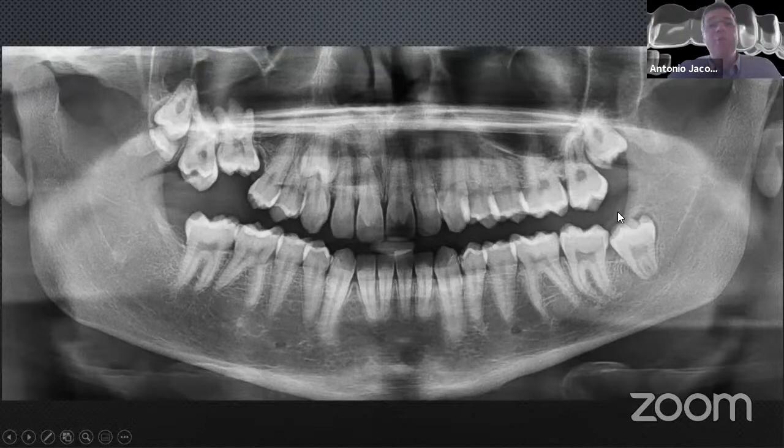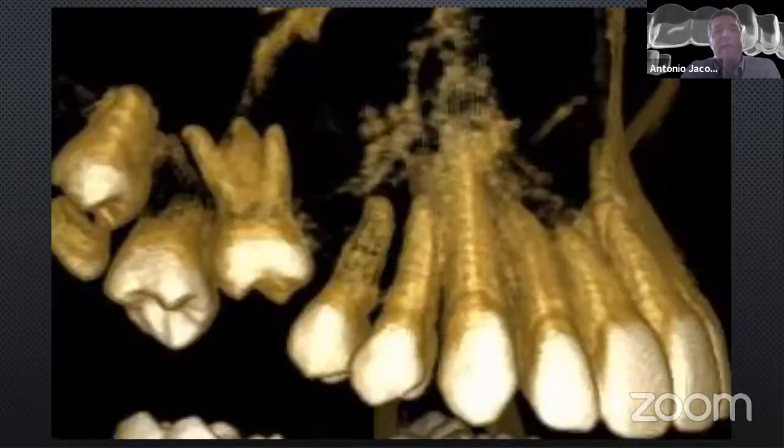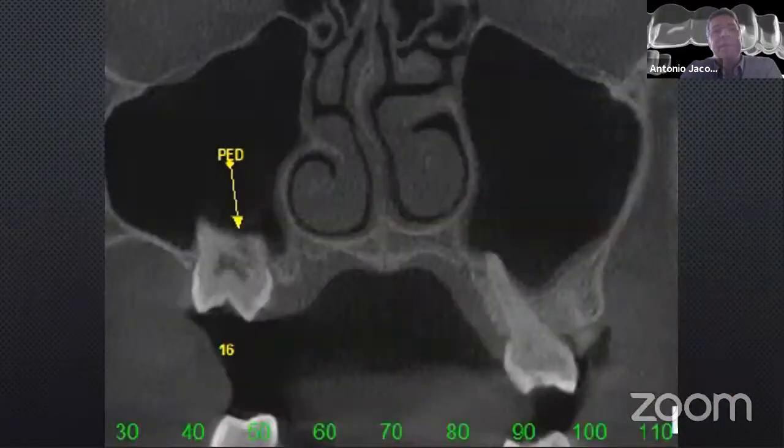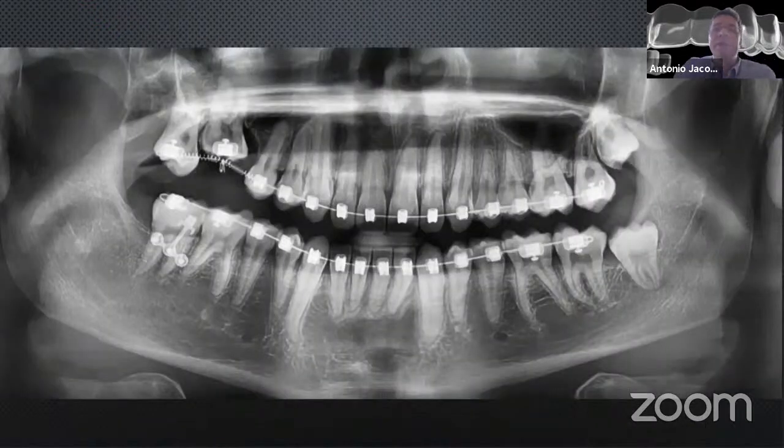So in these situations, we need to have skeletal anchorage to apply force on this ankylosed tooth to try to erupt it. So that's what we did. This is the CT scan that we had, showing that maybe there is really an ankylosed situation between the roots of the molars and the bone. So we did the surgery.